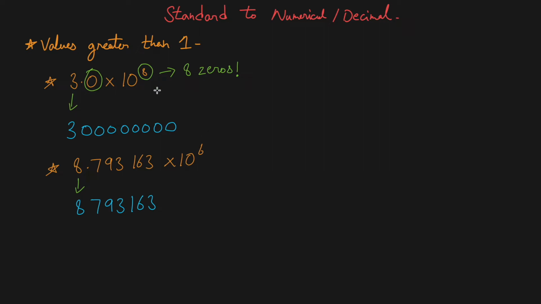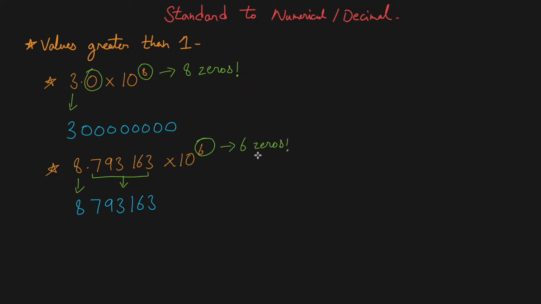Now we have written the digits as they are, and here we have the tens power. What's the tens power here? The tens power is 6, which means 6 zeros.